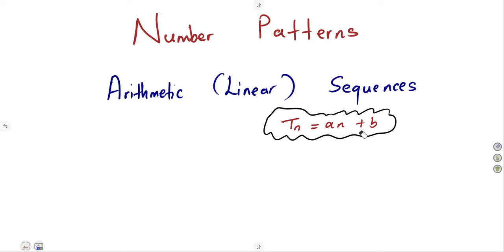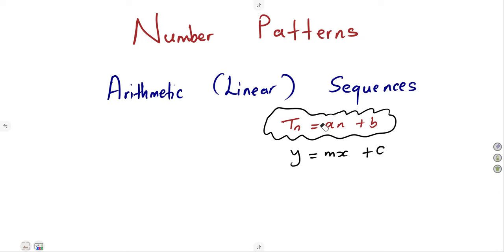The Tn is equal to An plus B presentation merges to the y is equal to mx plus c. As we can see, it's just one and the same thing. So as we had m as the gradient, it is the same presentation of this a, the x just as the n, the b as the c.